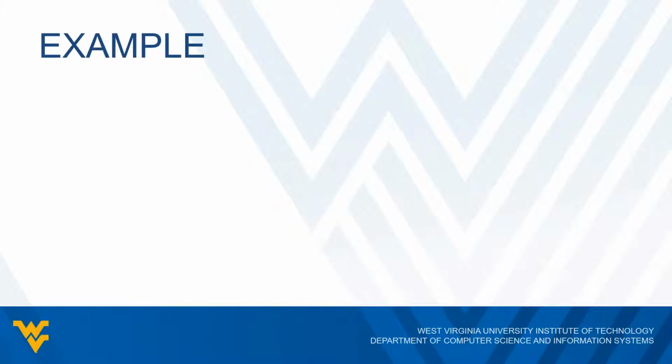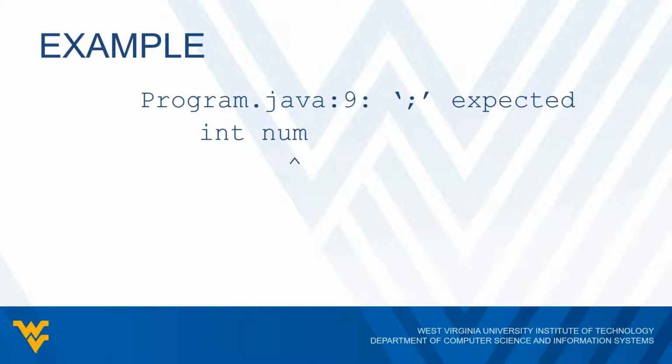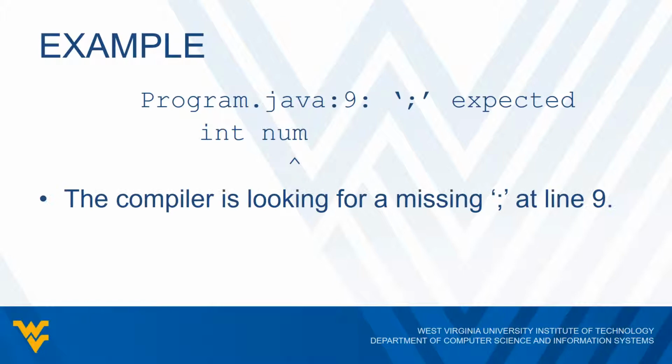So let's take a look at a couple of examples of some common compile errors and see if we can recognize how to fix these problems. So here's the first one. We have program.java, so that's our program that we're using. The 9 tells me that we're on line 9, and the error message is semicolon expected, and even gives us some more information. The first line is saying that the compiler is looking for a missing semicolon at line 9.